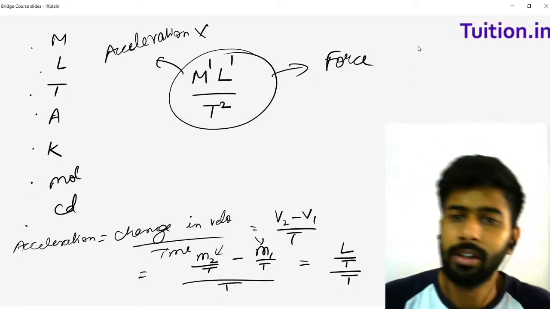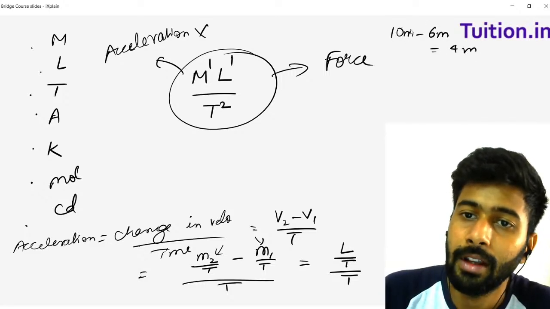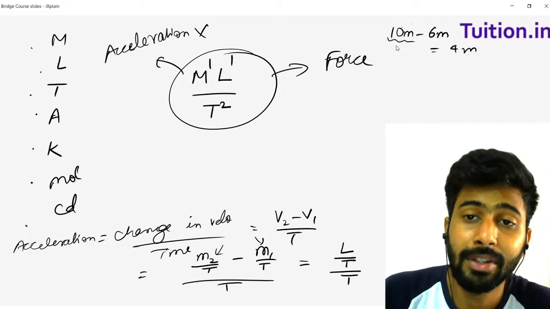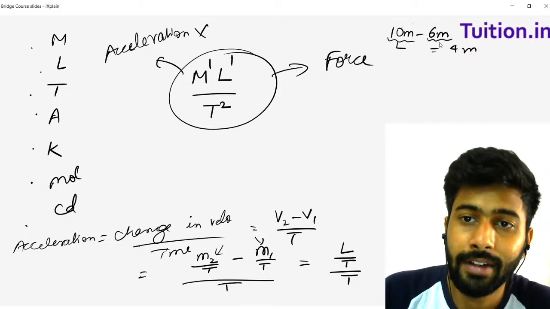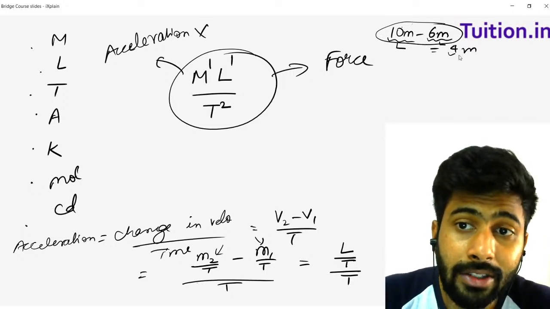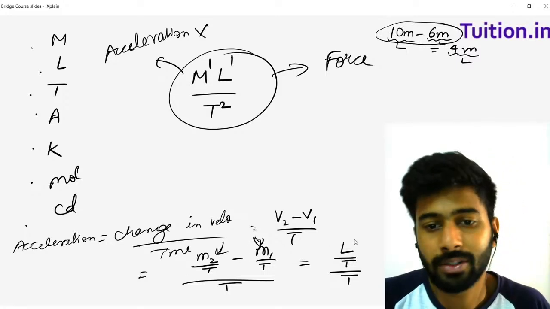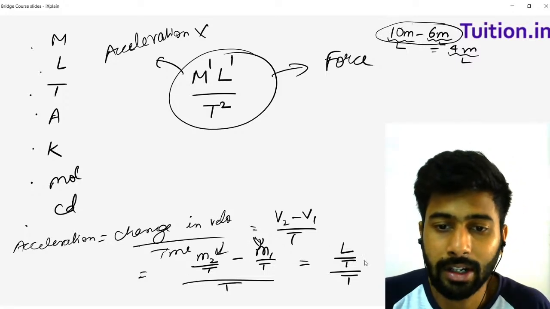Because I already told you, when you are subtracting 6 meter from 10 meter, you are going to get 4 meter. So this is also having dimensions of length. This is also having dimensions of length, and their difference, which is another physical quantity, is also having dimensions of length only. So I can just subtract these two and say it's length. So what are the dimensions of acceleration?